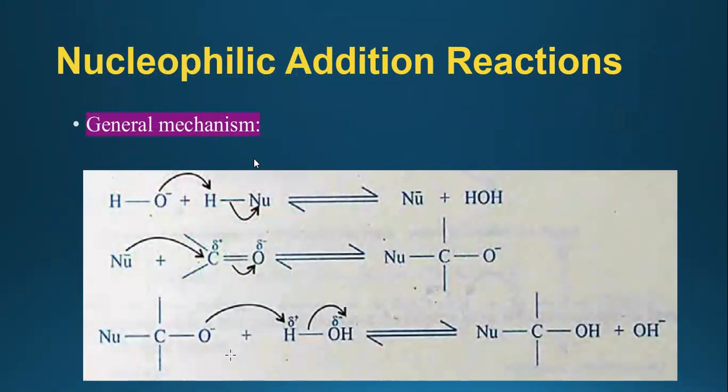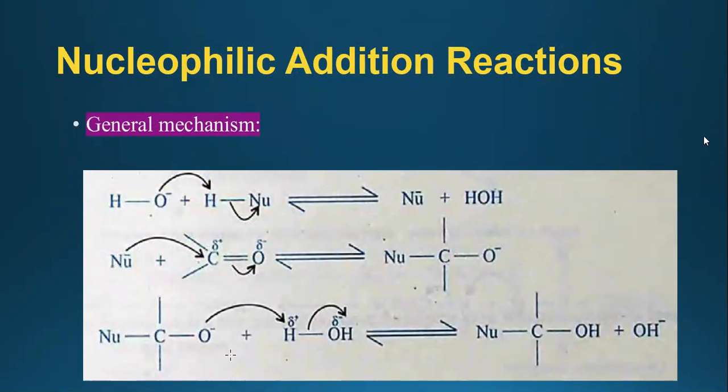Here is the general mechanism for the nucleophilic addition, in this reaction, where the base first reacts. These are the nucleophilic addition reactions which are catalyzed by any base, not by an acid.